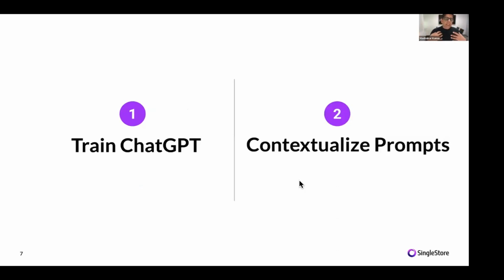You download it, then you train it against your own data, but you need to have a bunch of resources. You need to also have things like GPUs for training, and after having a big, very well experienced team, you might have a good model that works against your data. But the second thing, which is far easier, and I would say a path of least resistance, is you contextualize the prompt.